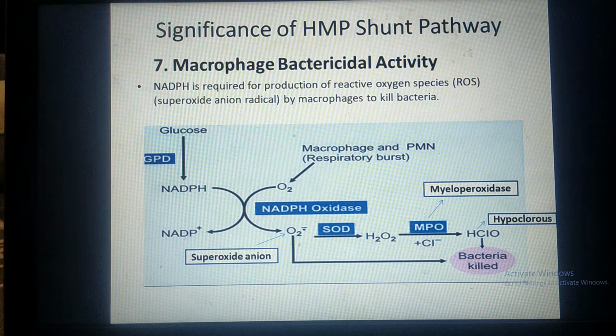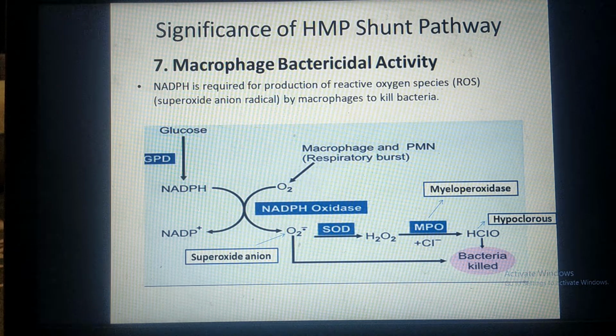Now, this oxygen is converted into a free radical, that is superoxide anion, by adding an electron donated by NADPH. The enzyme at this step is called NADPH oxidase, which converts oxygen into superoxide anion by adding an unpaired electron from NADPH.